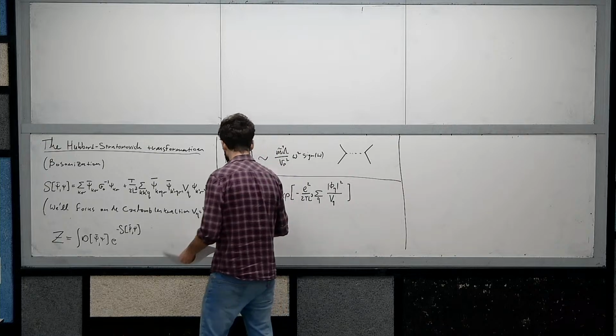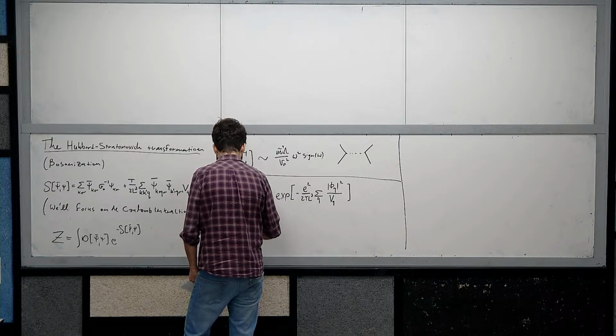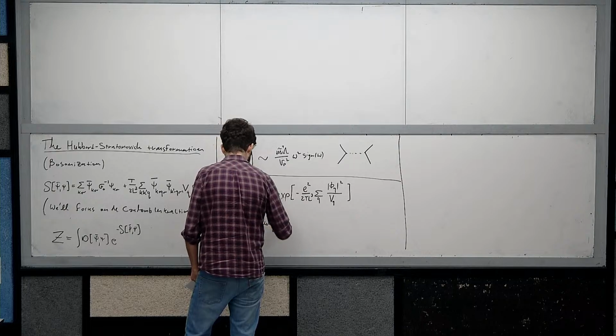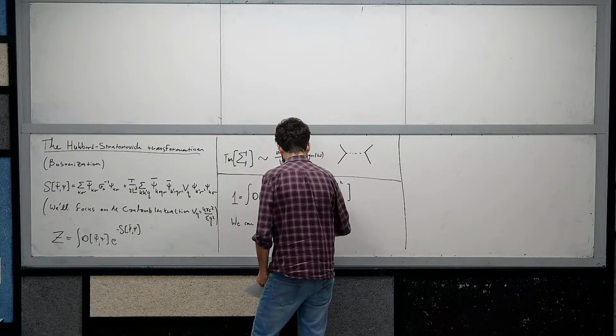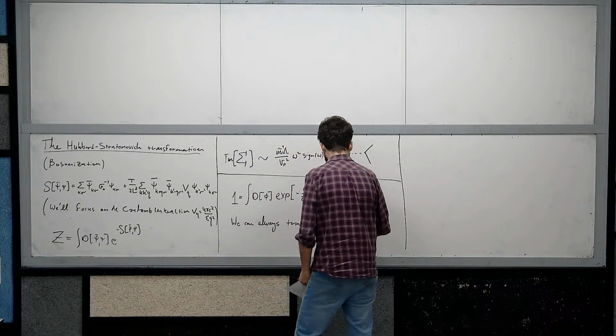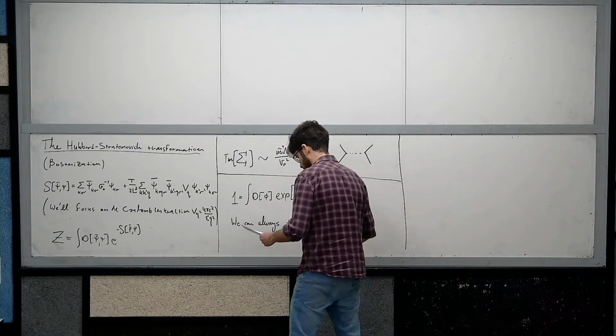Now we can make a variable transformation. We can always transform the fields phi.